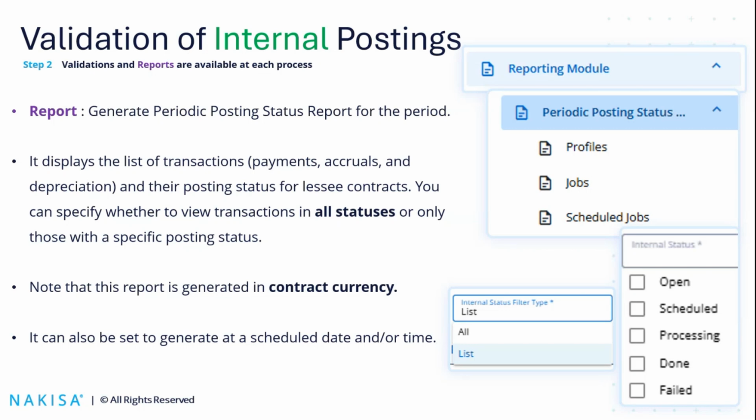You can use a periodic posting status report. For that period, you can generate it and it will display the transactions, the payment, accruals and depreciation, and it will state all the statuses, right? It will show you if it's posted or failed, or you'll see it might be blank at some point.